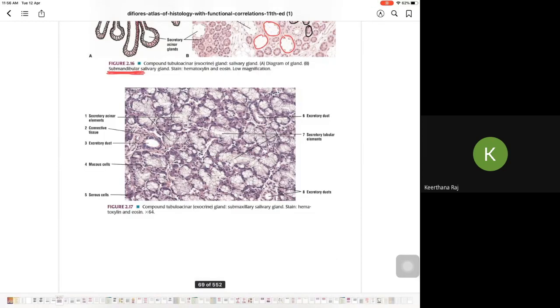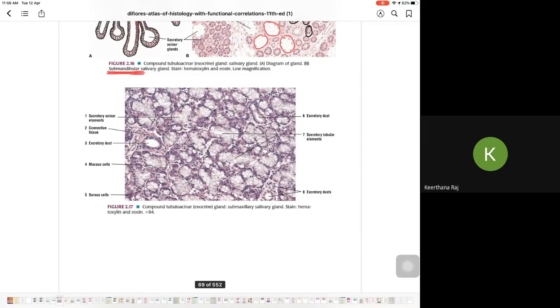It's a compound tubulo-acinar exocrine gland, submaxillary salivary gland. Number 1 shows a secretory acinar element. Number 2 is connective tissue, then excretory duct, mucinous cells, serous cells. And 6 is the same, excretory duct, and 7 is secretory tubular element, and 8 is excretory ducts.